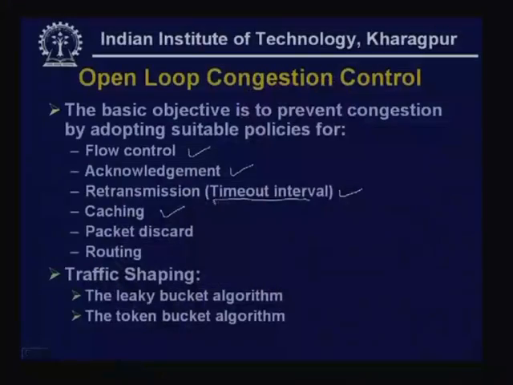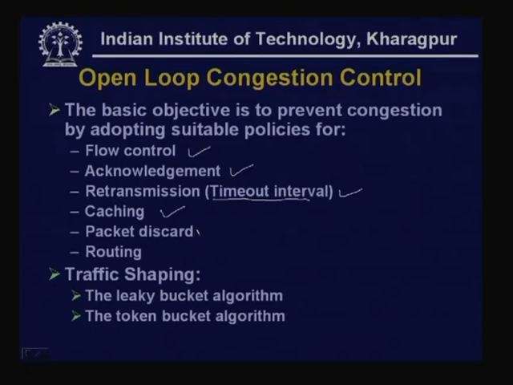So, whenever it is selective repeat, then we know that you have to do some kind of caching of the frames. Then you do not have to retransmit a number of packets which have been received correctly by the destination. So, this caching also helps in reducing the number of packets in the network.